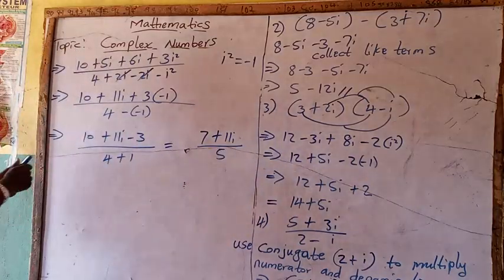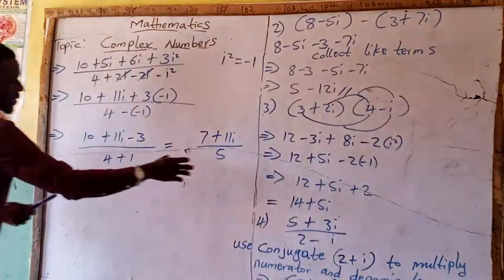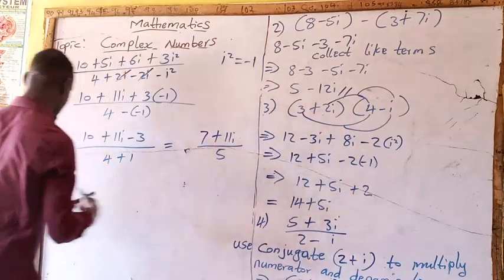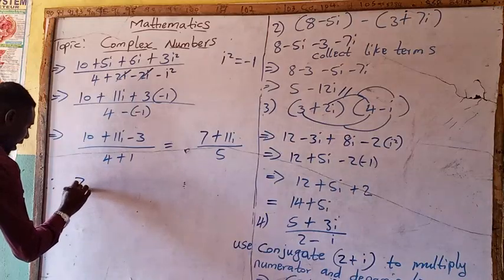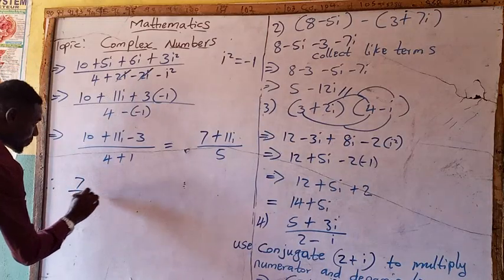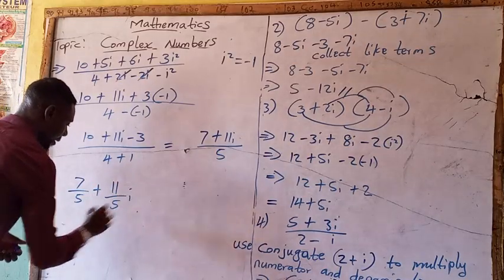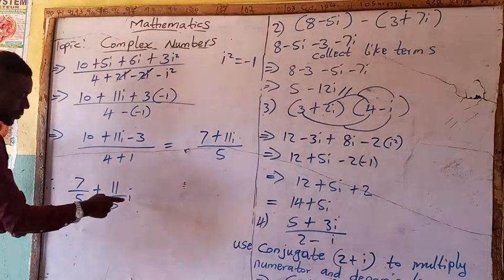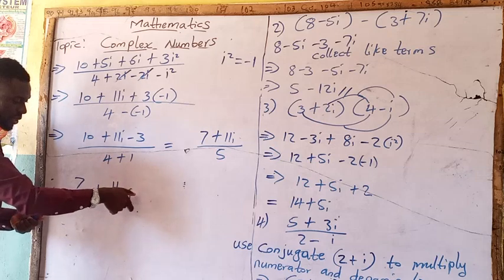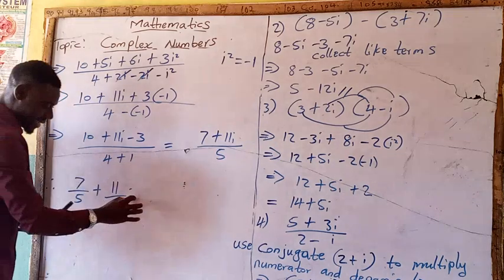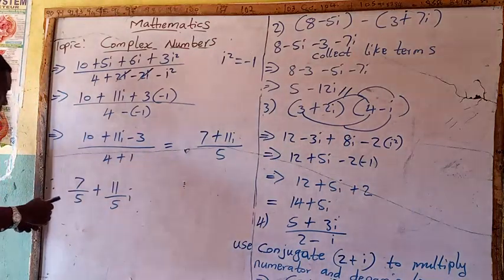Because of our imaginary number here and our real number here, and it's having the same denominator, we therefore will say our final answer will be 7 divided by 5 plus 11 divided by 5i. Remember in mathematics, whenever a fraction is multiplying a single number, the single number goes to the up. So this i is affecting both the numerator and the denominator.